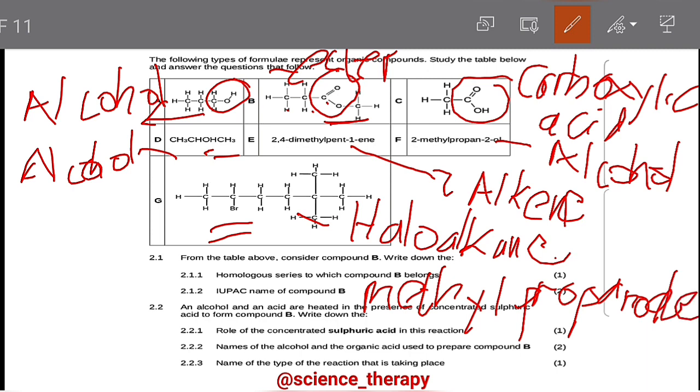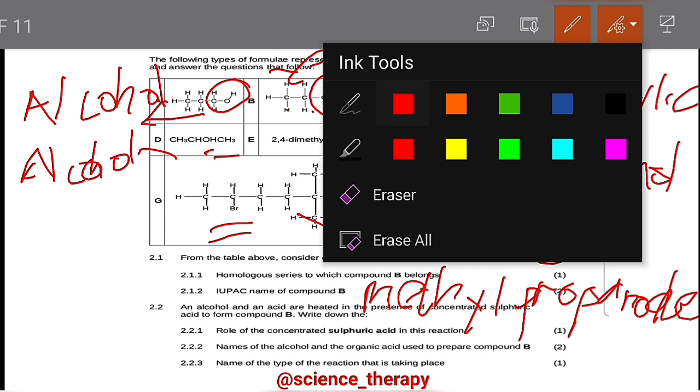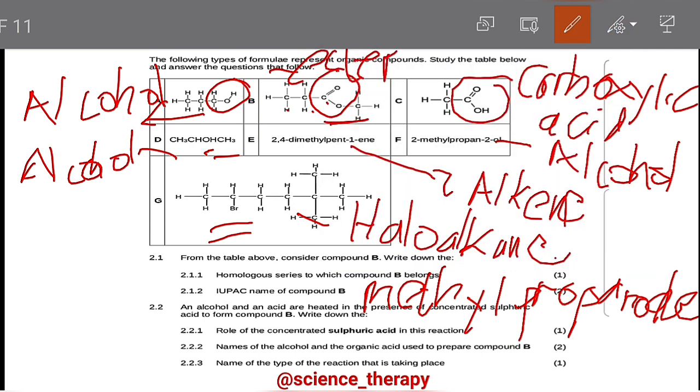So that is the IUPAC name of this ester, compound B. Now 2.2 says an alcohol and an acid are heated in the presence of concentrated sulfuric acid to form compound B, right? So we already know what is happening here. Once you take an alcohol and react it with an acid, we are trying to form an ester, that is esterification.